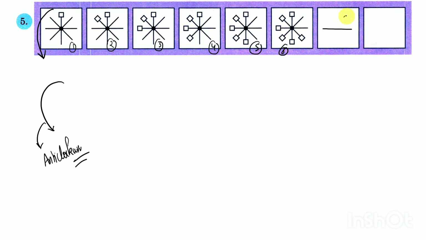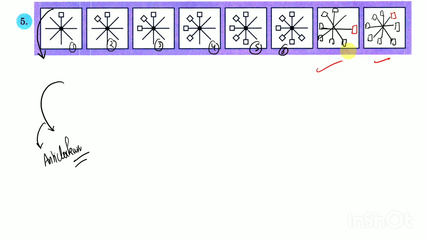This is quite easy. These are our previous ones, so the next box will come here. Next it will come to its last vacant position, the one position remaining.